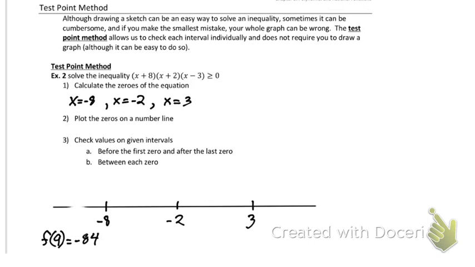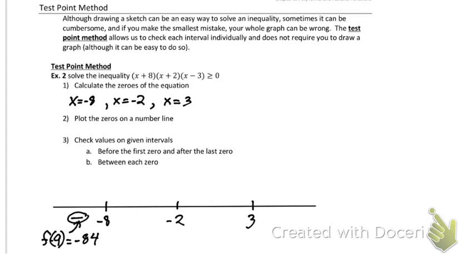If I plug in a negative 9, we'll get a negative 84 out. Which means right here is negative. Because these are zeros, everything here must stay negative, because it must be coming from the negative direction to get to this zero.